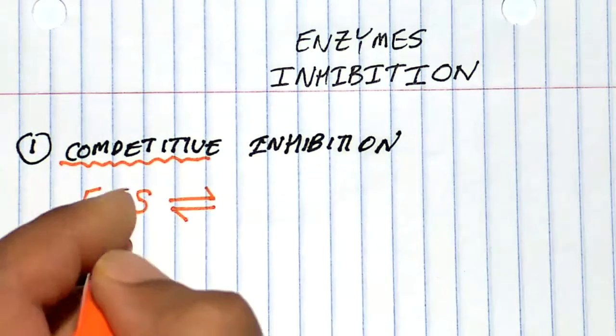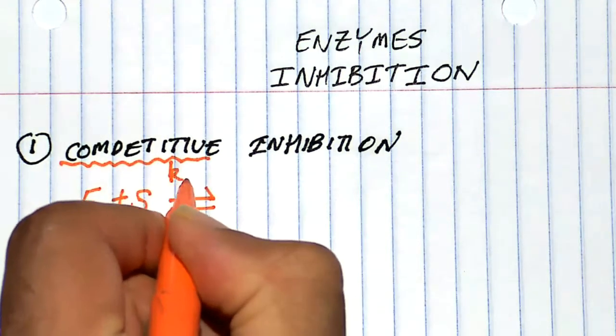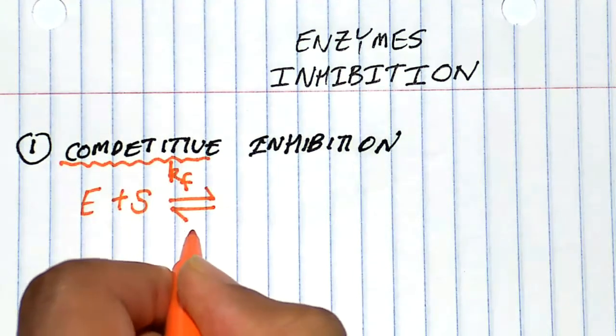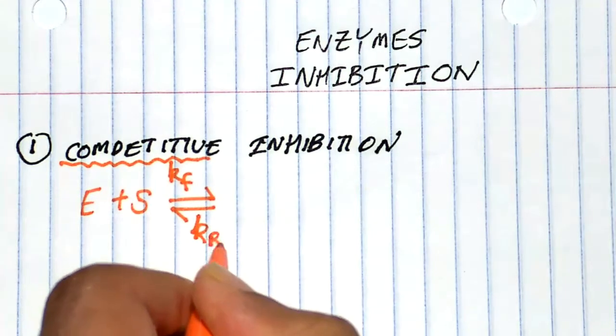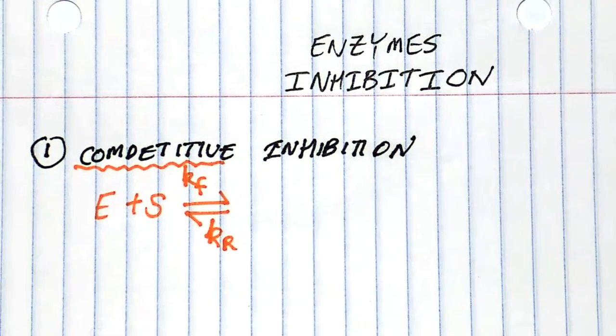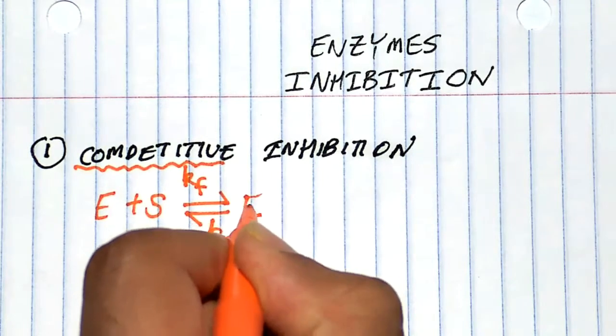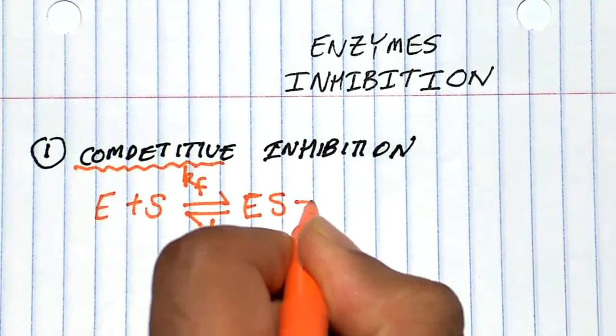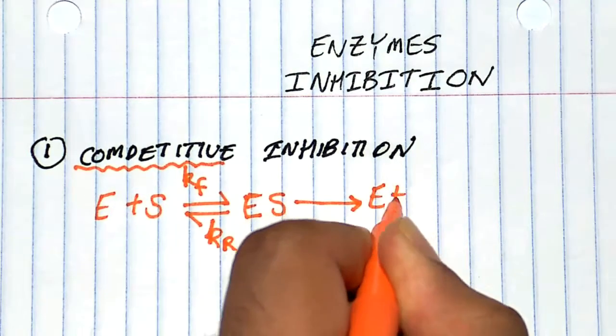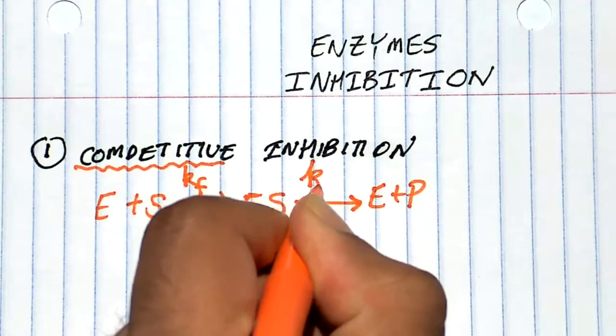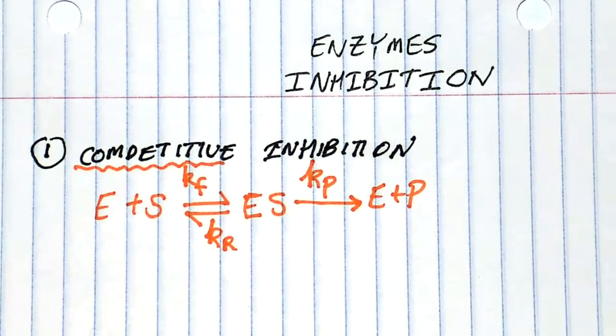Enzyme plus substrate. Okay, this has a rate constant for the forward direction. This has a rate constant for the reverse direction. Goes to enzyme substrate, which then breaks off into E plus P. We call that Kp. Again, I will reiterate the subscripts don't matter.